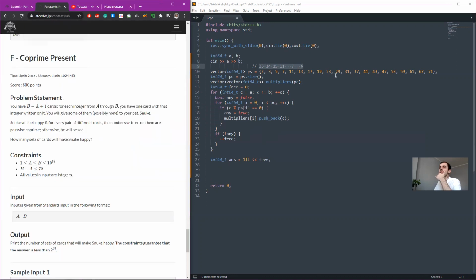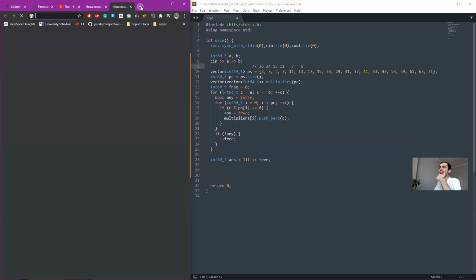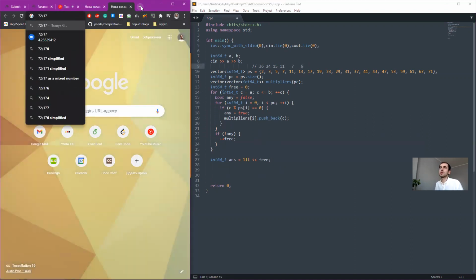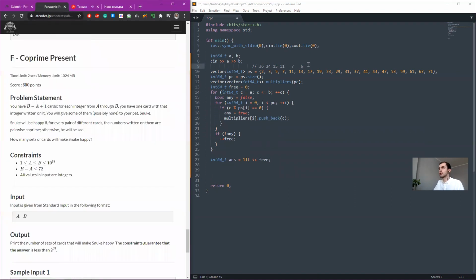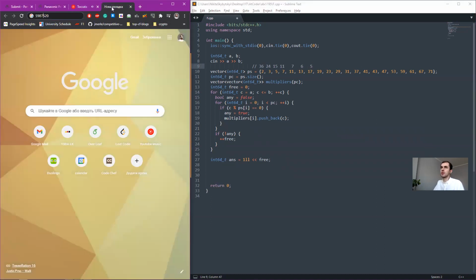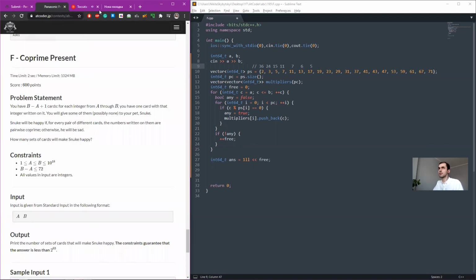Actually, I'm a bit mad. No, that's clearly not gonna fit. Come on, guys, that's not gonna fit. It's 25 million already.